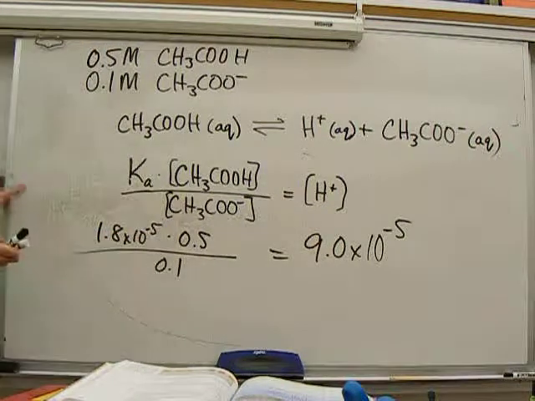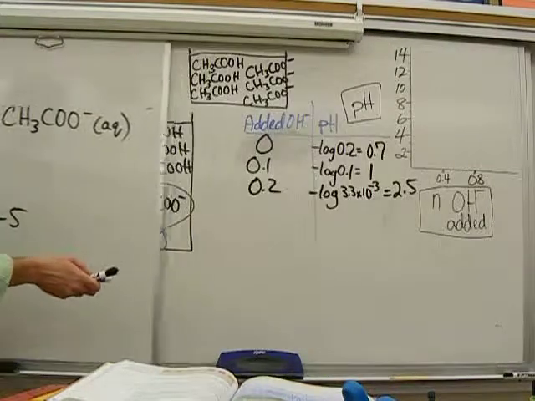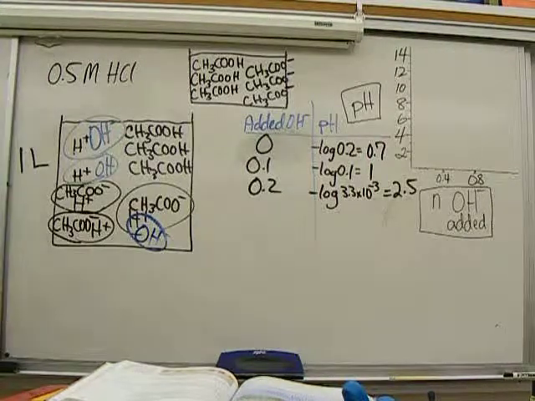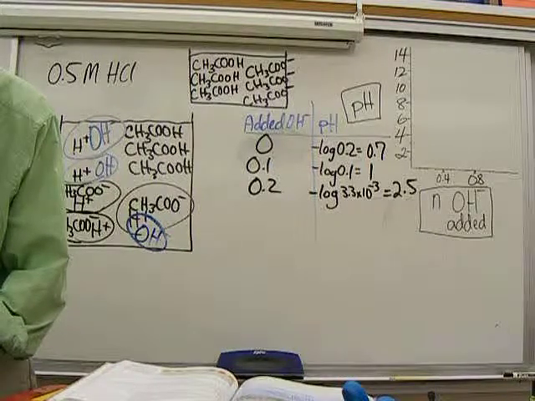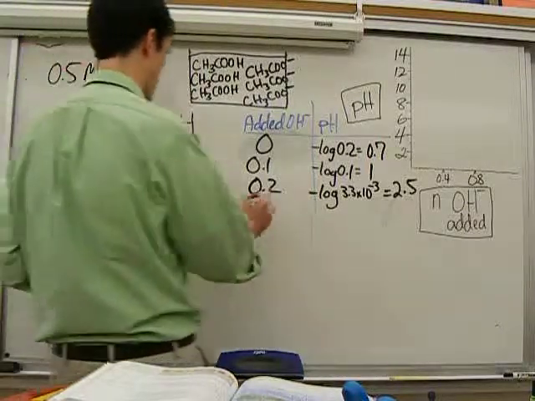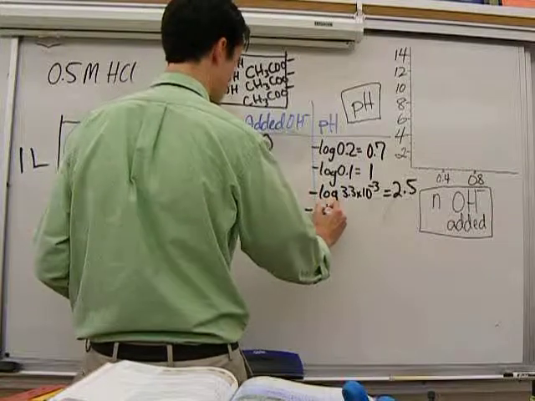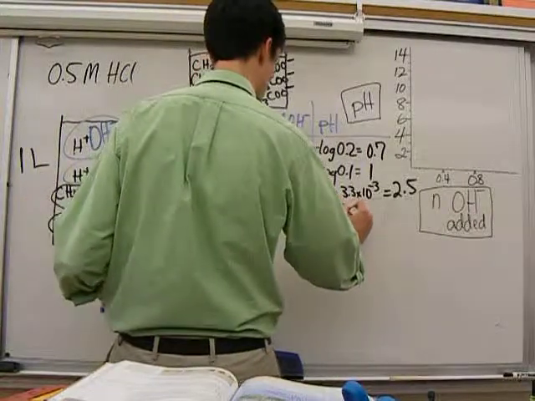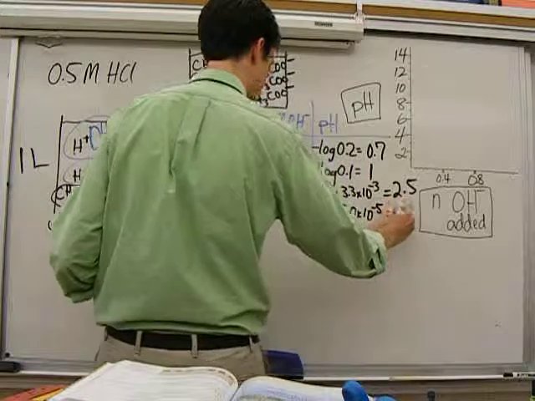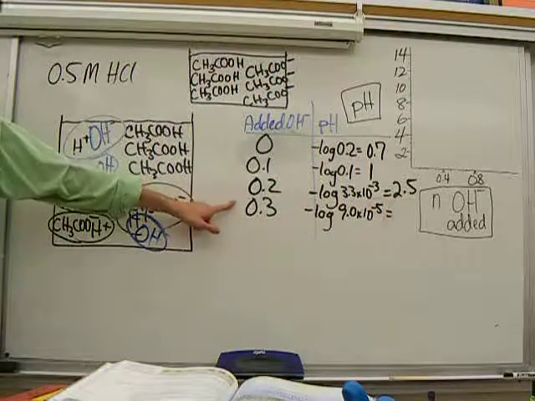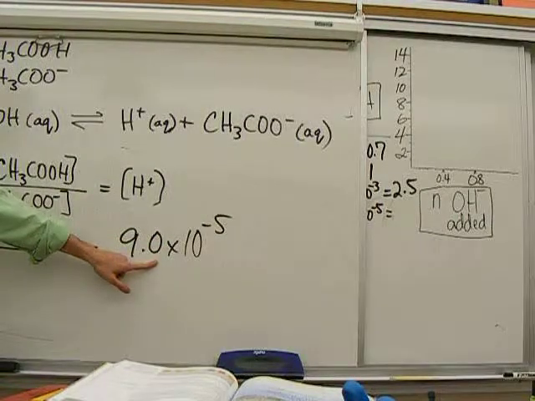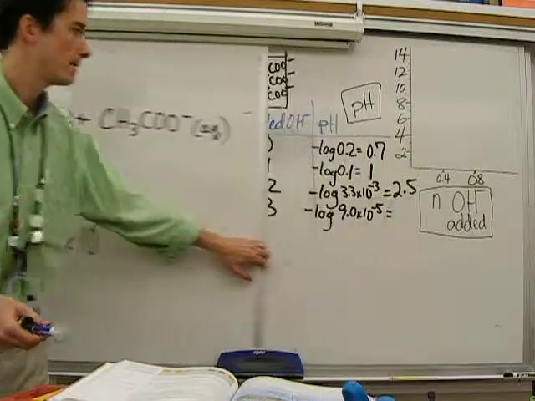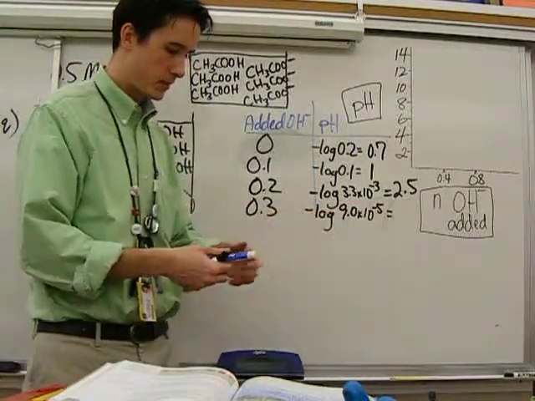Right, so there's your H+ concentration. So we've got, after 0.3, the H+ concentration is 9.0 times 10 to the negative fifth. And if we take the negative log of that, we get about 4.